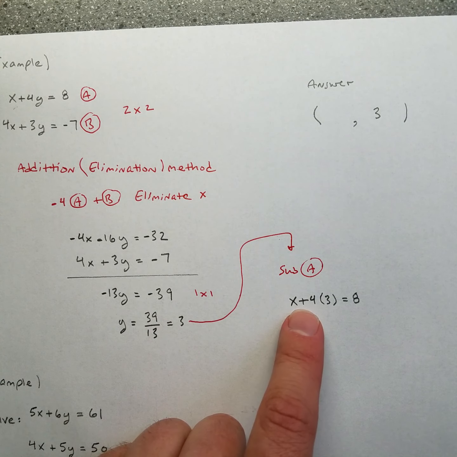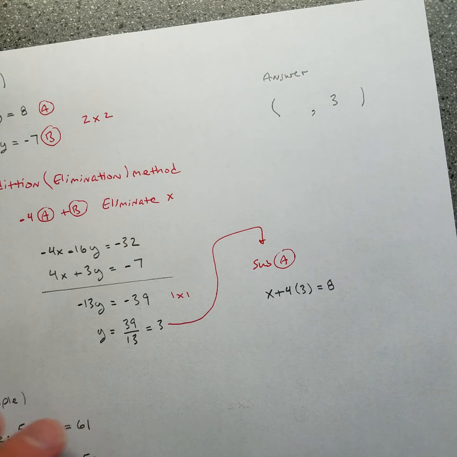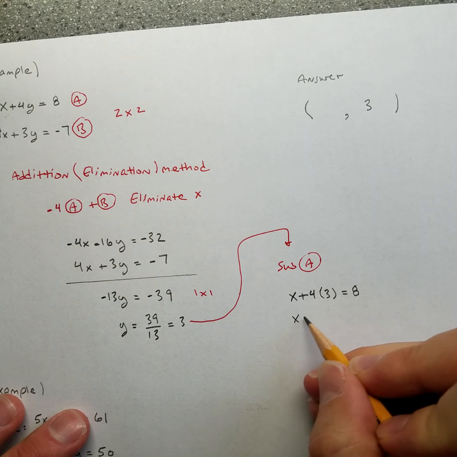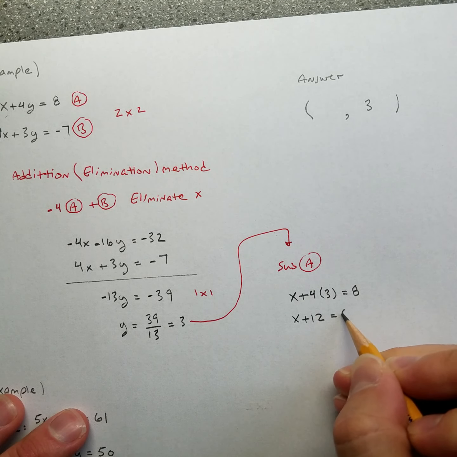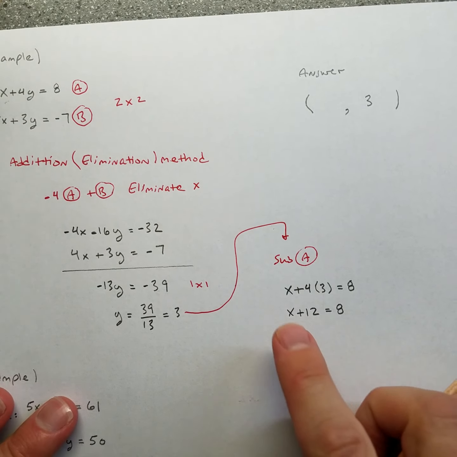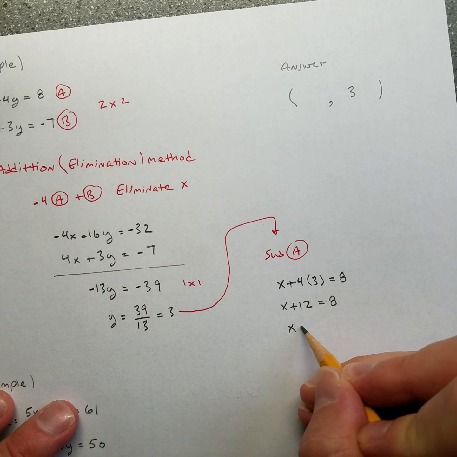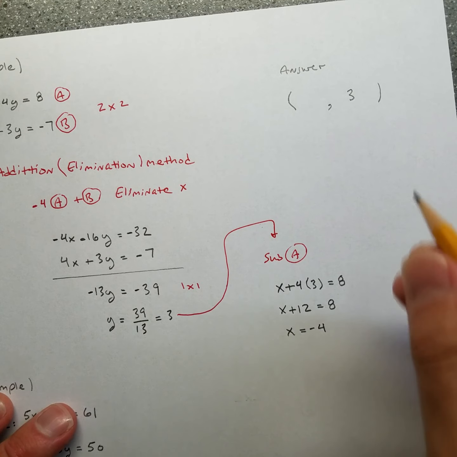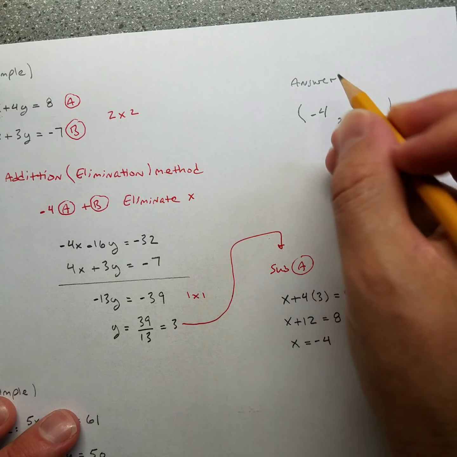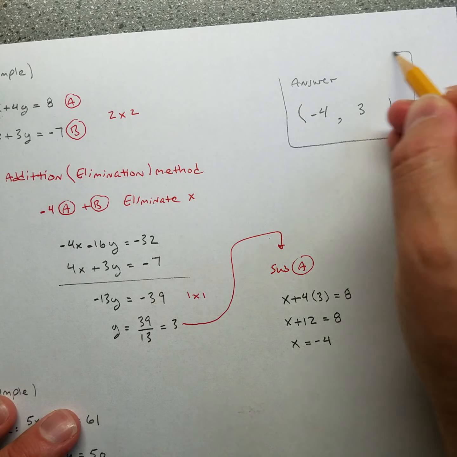And now once again, I've reduced it to 1 equation, 1 variable. I can get you an answer. I get x plus 12 is 8. And then to solve completely for the x, I move the 12 over, and I'll get -4. All right, so -4 for x, 3 for y.